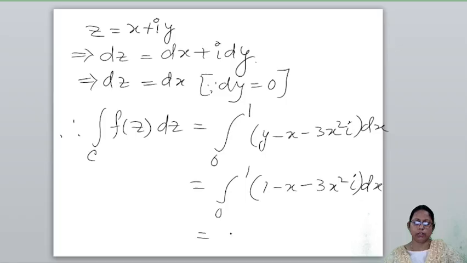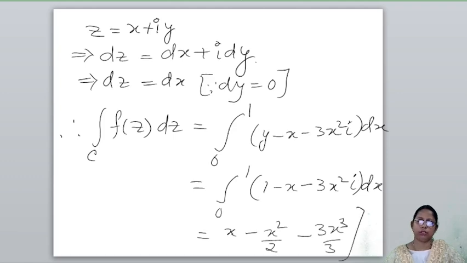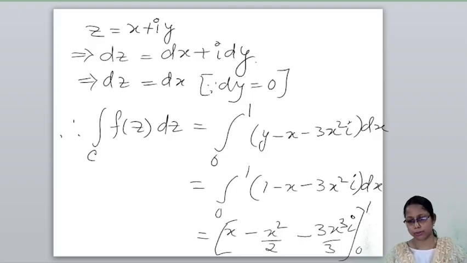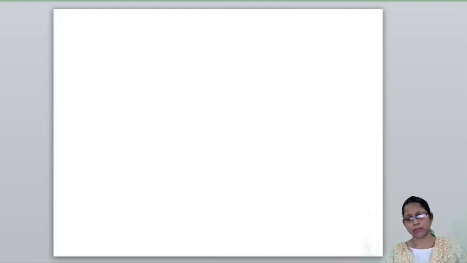So the integration of 1 minus x minus 3x squared i is x minus x squared by 2 minus 3x cubed by 3 times i. These are definite integrals, so put 0 and 1.